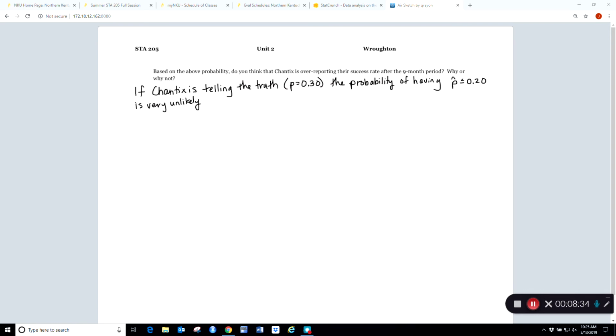This is the fact that our probability was 0.0049. That's very unlikely.